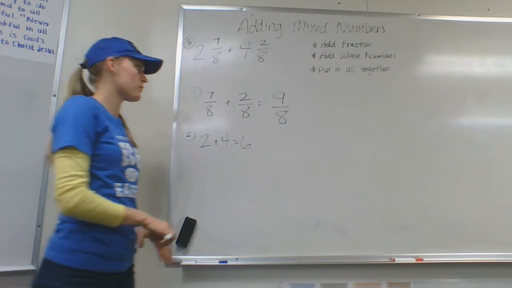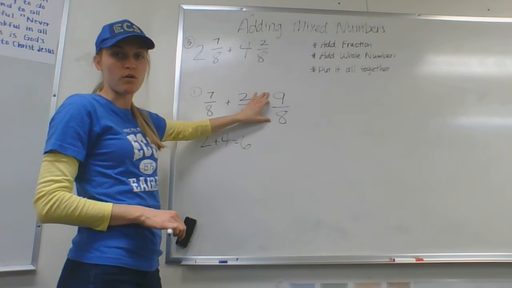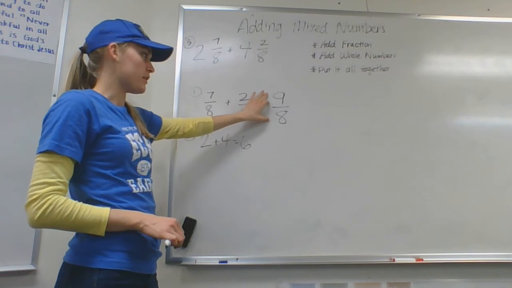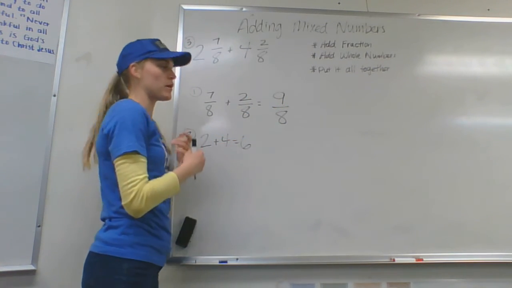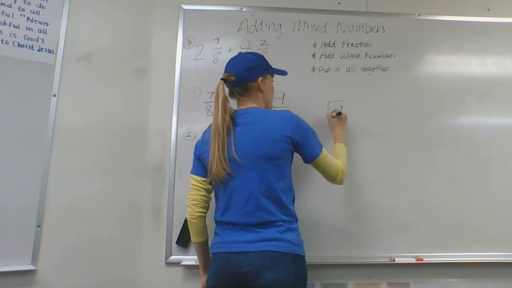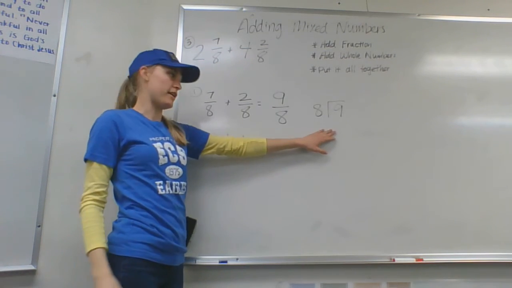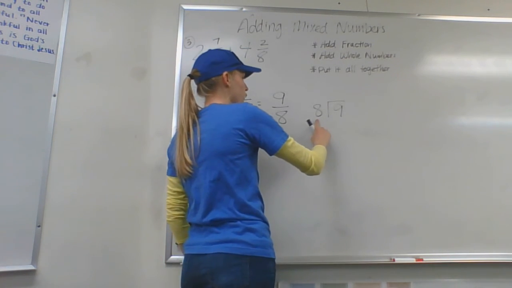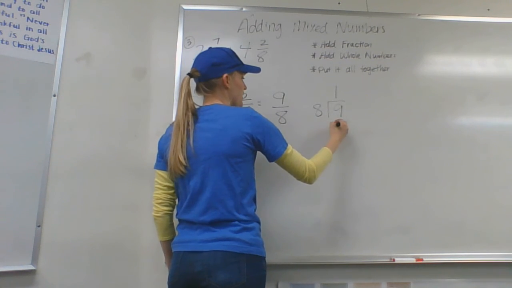So you can, if you already know that 8/8 equals 1 whole, and so it's going to be 1 and there'd be 1/8 left over, then you can go ahead and write 1/8. But if you didn't think of that, you can always do the division. This is 9 divided by 8. So let's just do 9 divided by 8. 8 goes into 9 once. 1 times 8 is 8.